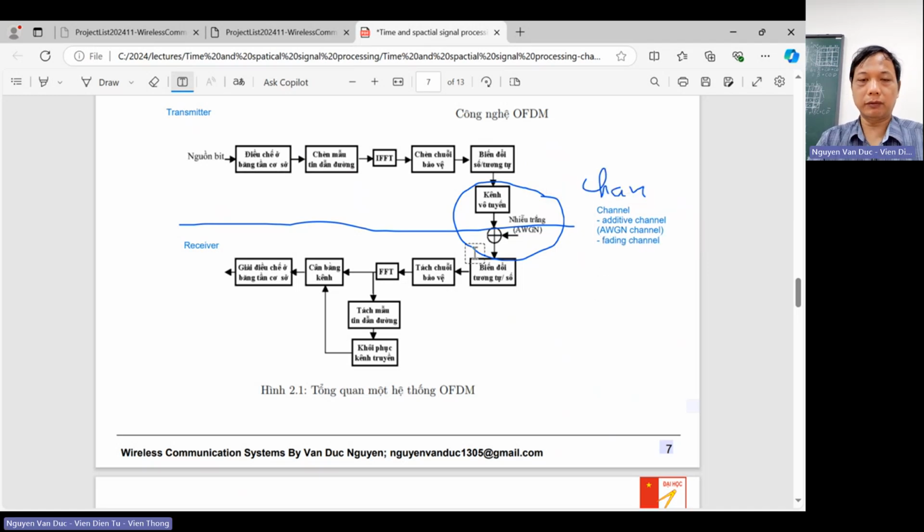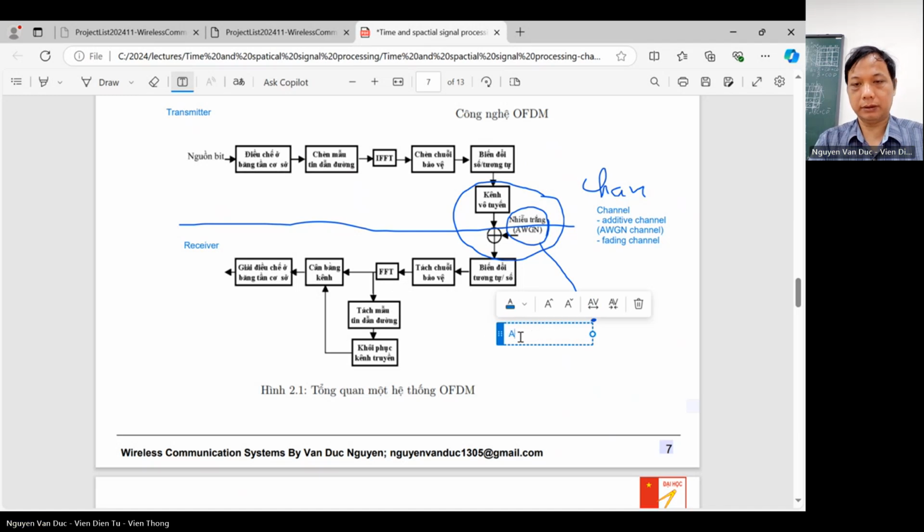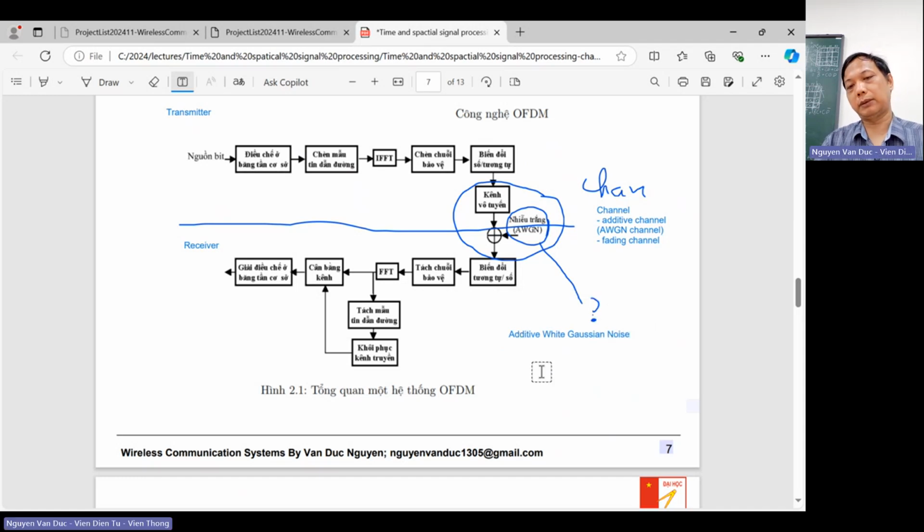Before I move on, I'm discussing the transmitter and receiver and how to estimate the channel in the frequency domain. So I would like to ask you, what is the AWGN channel here? Can you explain for me what this is? The upper one is additive. Why? Gauss noise. Okay. So what is this other one?